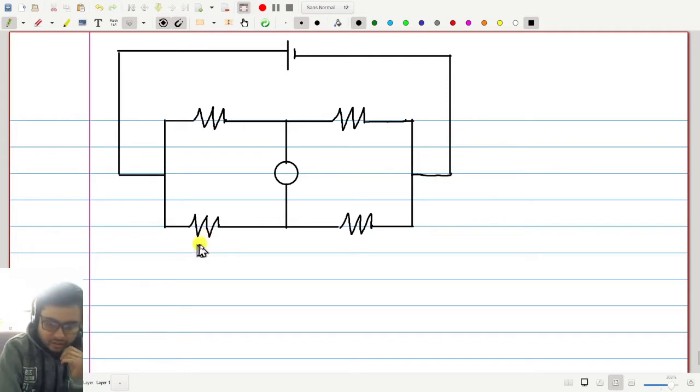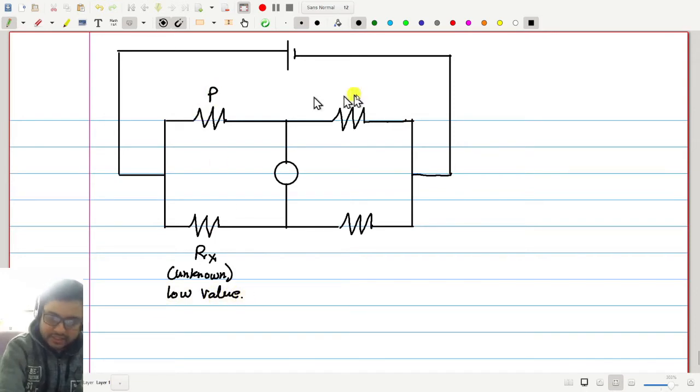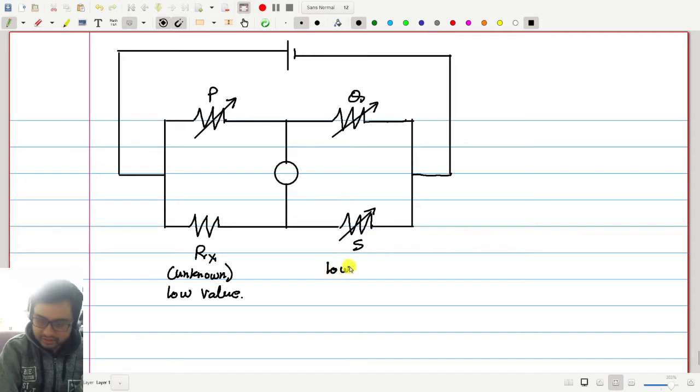Here this resistance Rx is unknown, but we know this is a low value resistance. These resistances, call them P, Q and S, they are known and variable, but suppose S is also a low value resistance.